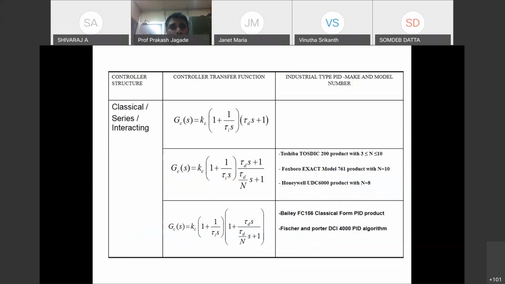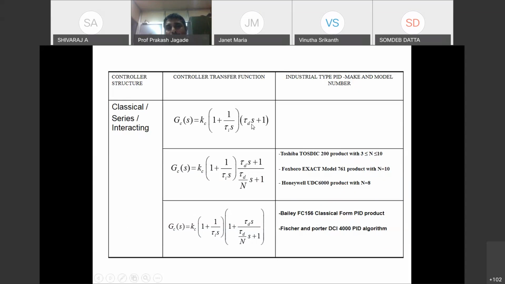And here, in the second column, what I have reported is the transfer function of a series PID controller. If you see this transfer function, it is not physically realizable. To make it physically realizable, a lag term has been added.